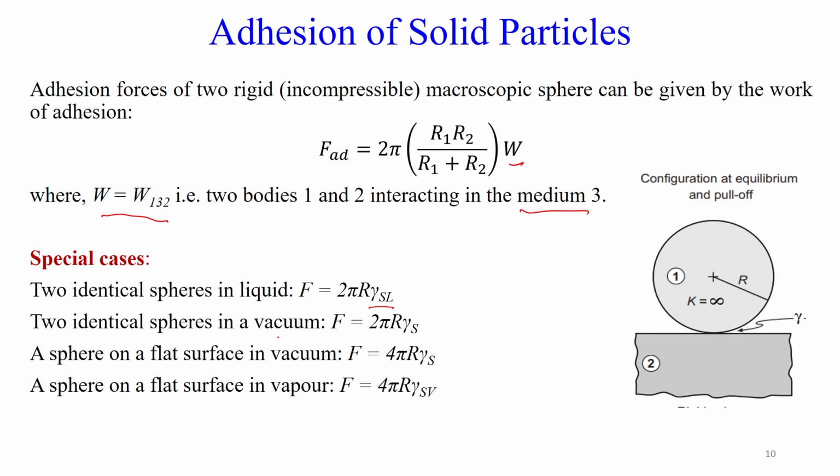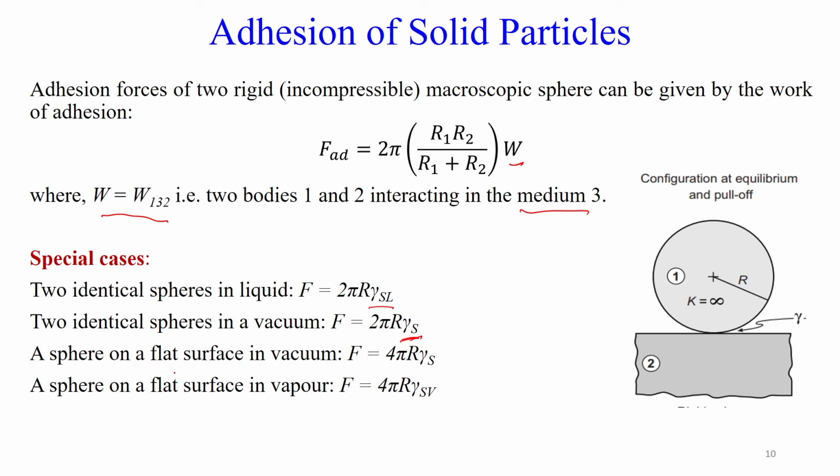If two identical spheres are in the vacuum, this will be 2 pi r gamma solid vapor interfacial tension. Now, if the sphere is on a flat surface in the vacuum, there were two identical spheres.